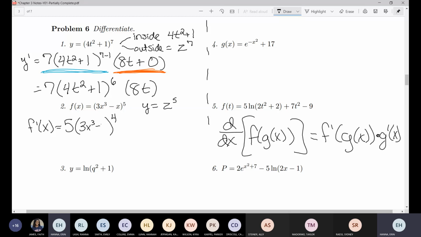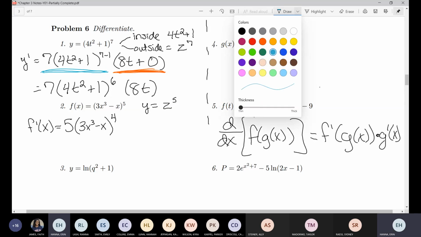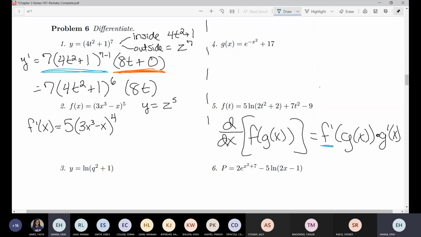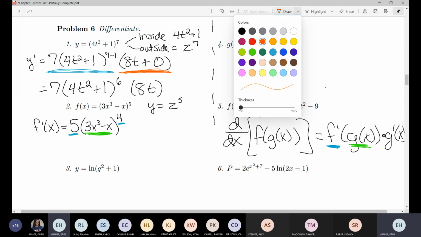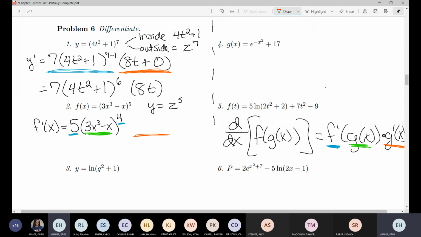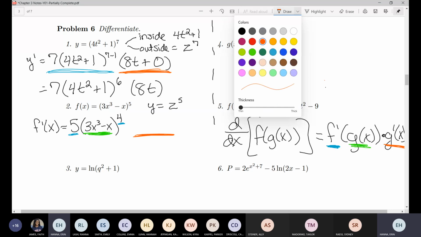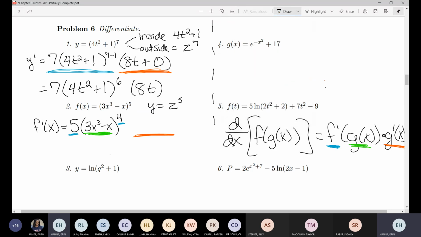But we leave that inside piece alone. So this derivative of my outside is that 5 to the 4 situation, and I've got to leave the inside alone. And now the chain rule says take the derivative of the inside. Well, what was our inside? The inside was the 3x cubed minus x.